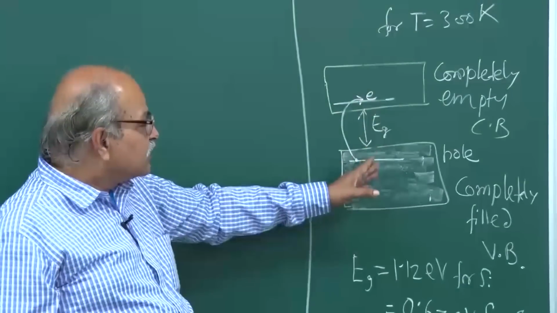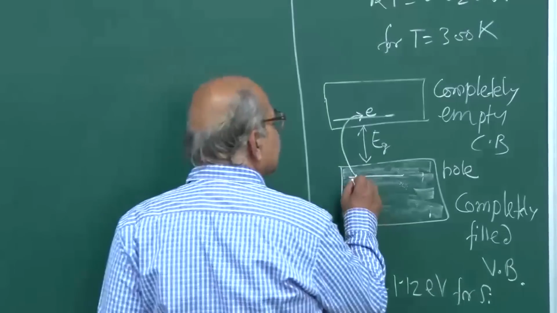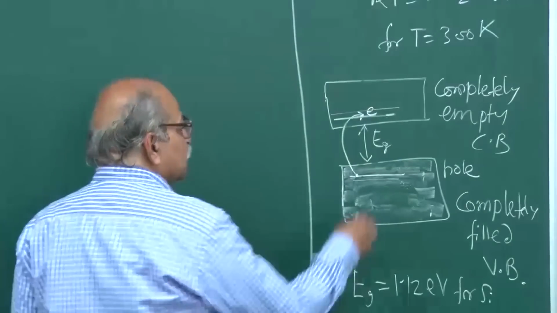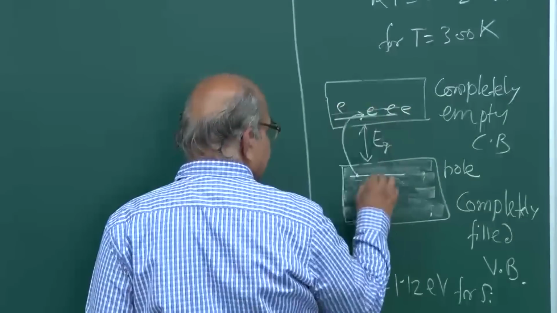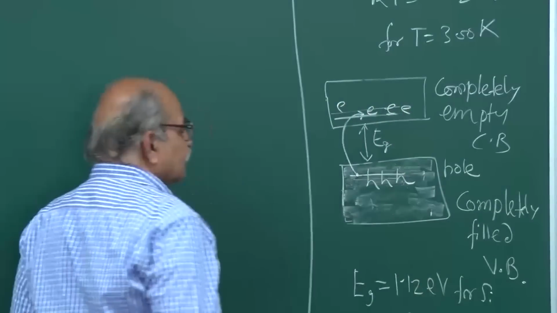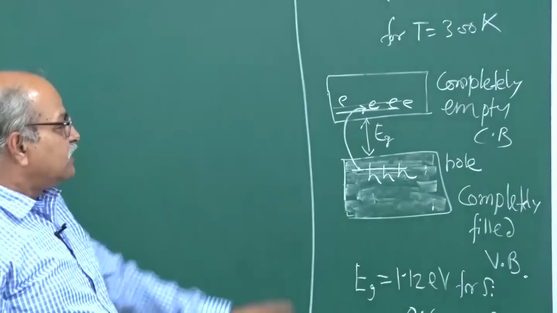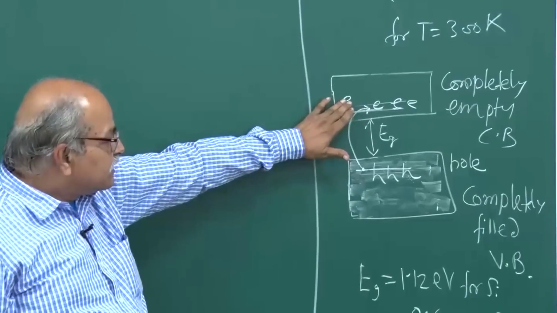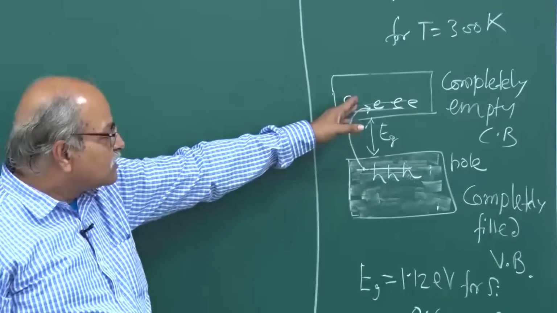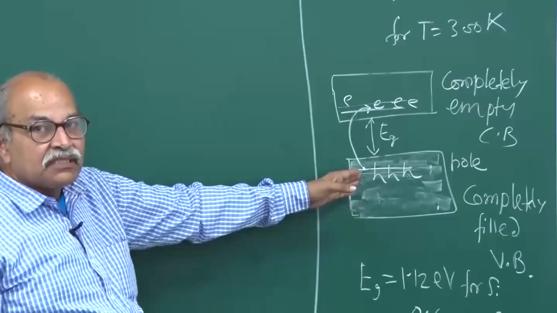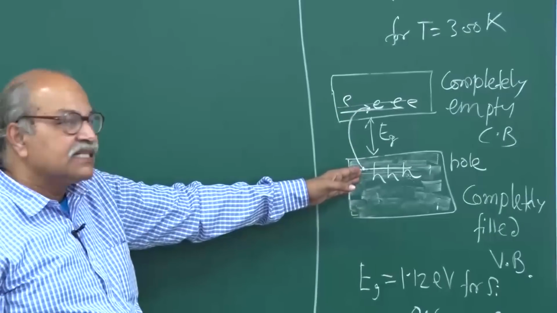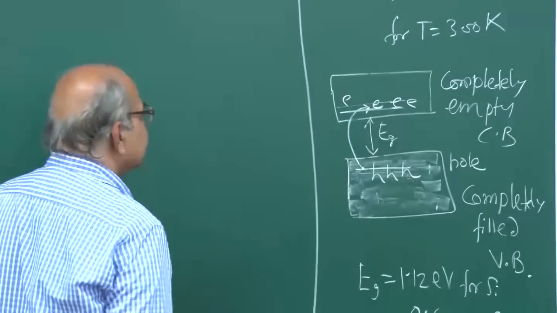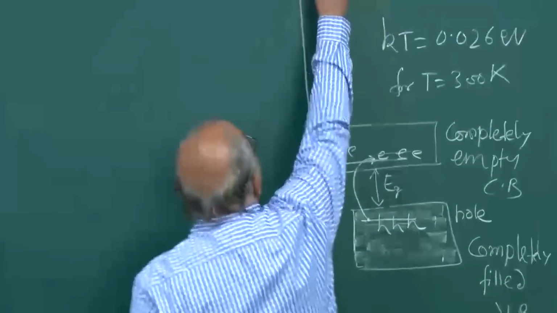So, at any given temperature, some of the quantum states here will be empty and some of the quantum states here will be filled, and therefore you will have some electrons here and the same number of holes here. So, this kind of material where you have the same number of electrons and the same number of holes, these electrons are here only because some valence band electrons have received that energy. This kind of system, which is a pure semiconductor, is known as an intrinsic semiconductor.